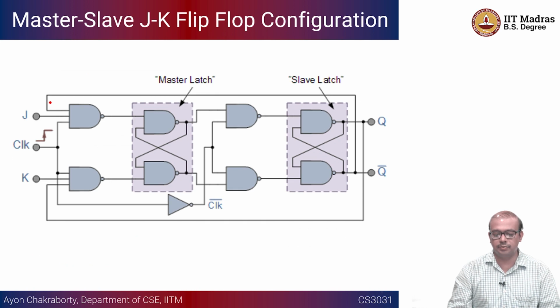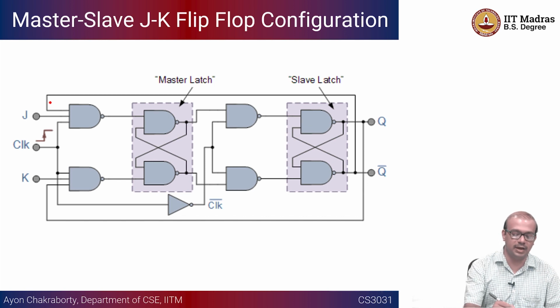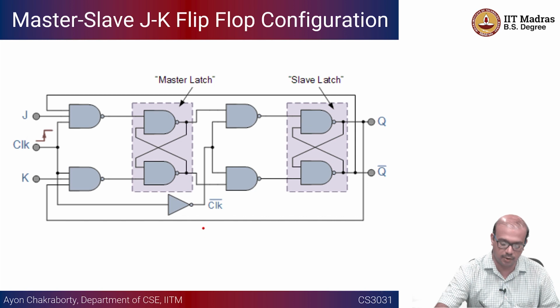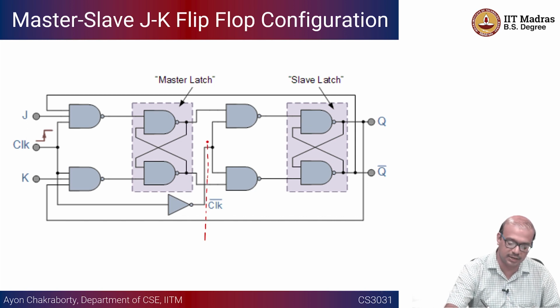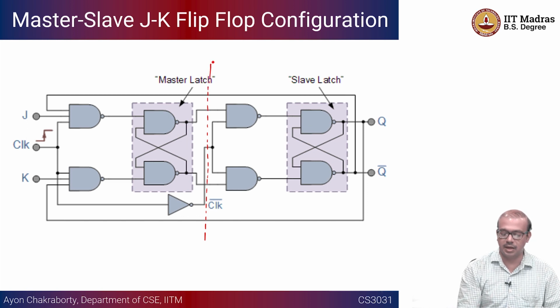So here also we do the same thing. I think we have discussed this: the first part of the circuit is called the master latch, and this is controlled by the J and K inputs. If I draw a line, the left hand side is the first part of the latch, denoted as the master latch, and in the second part, as you can see, we are providing clock bar instead of clock.